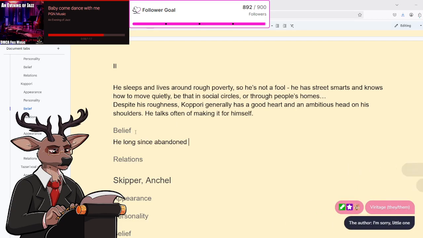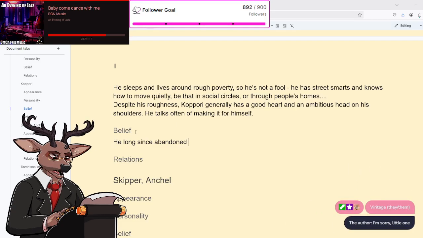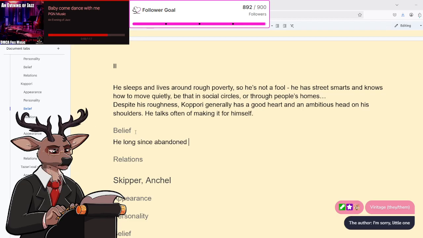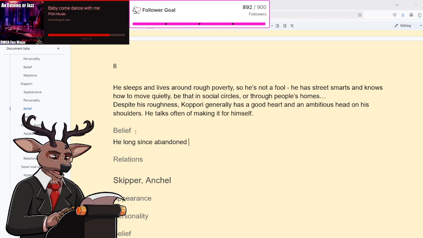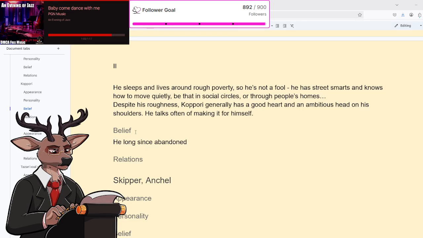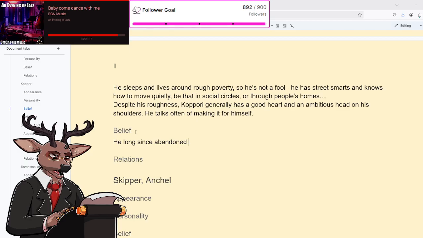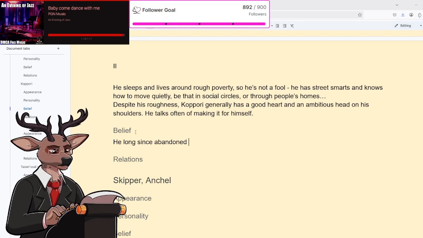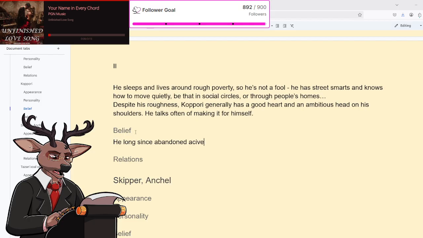The main character, hopeful. The author. I'm sorry, little one. Yeah, I have so many grisly plans for all of these characters. It's gonna suck for them, and it's gonna be great reading material. It's gonna be hilarious.